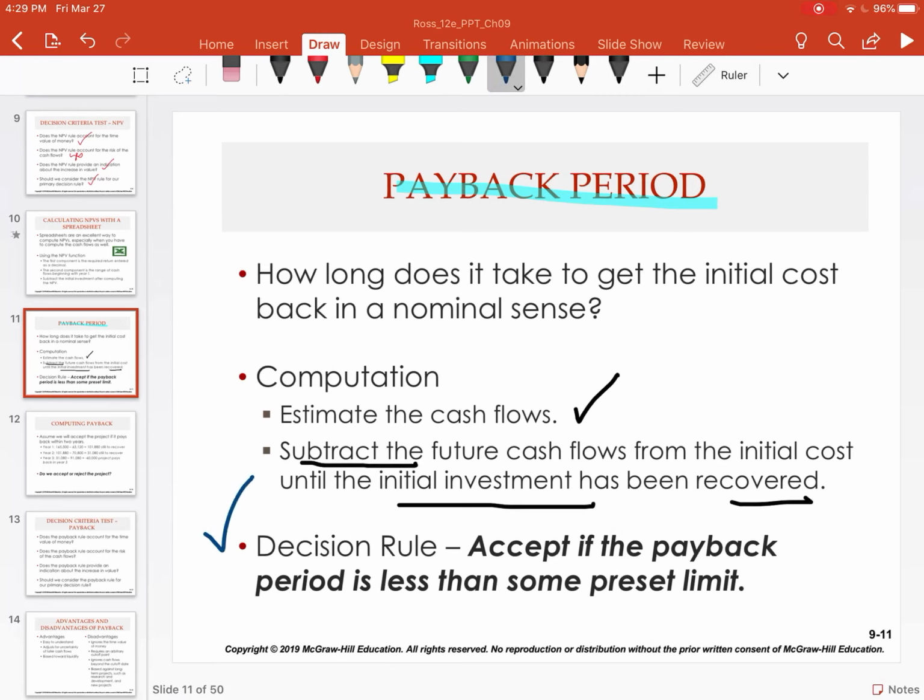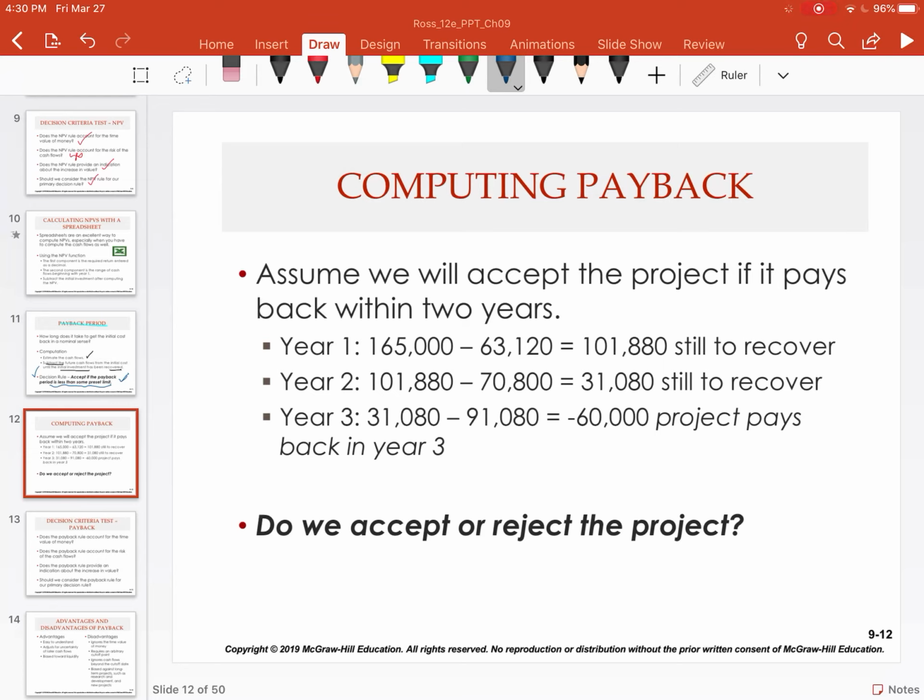Looking at a typical payback, similar to the same numbers we just looked at, assume we will accept the project if it pays back in 2 years. Our initial investment, if you remember, was $165,000, and our first year cash flow was $63,120, so we still have to recover $101,880.